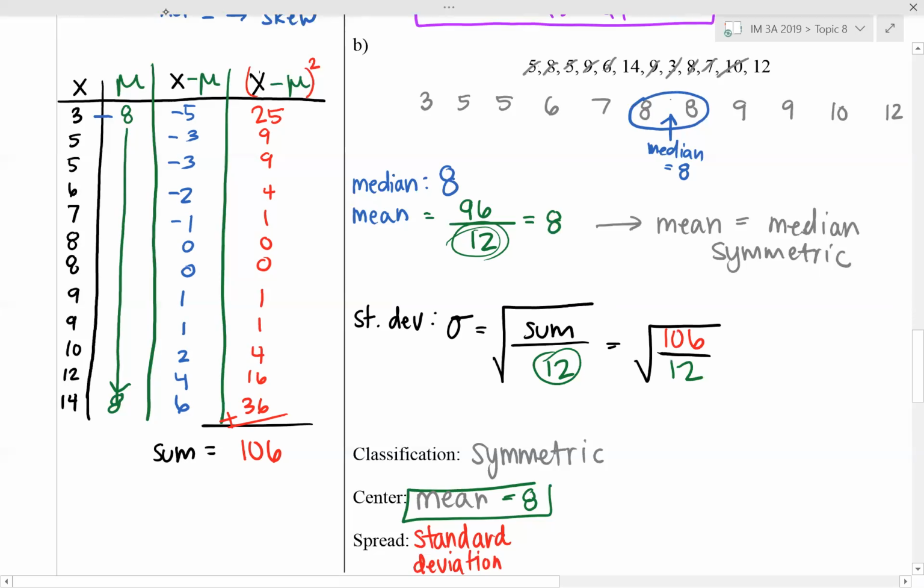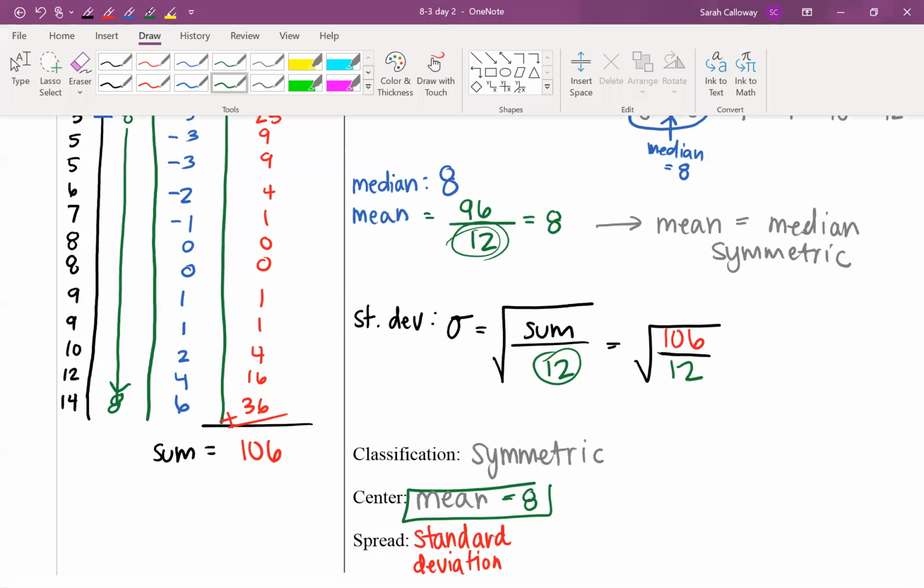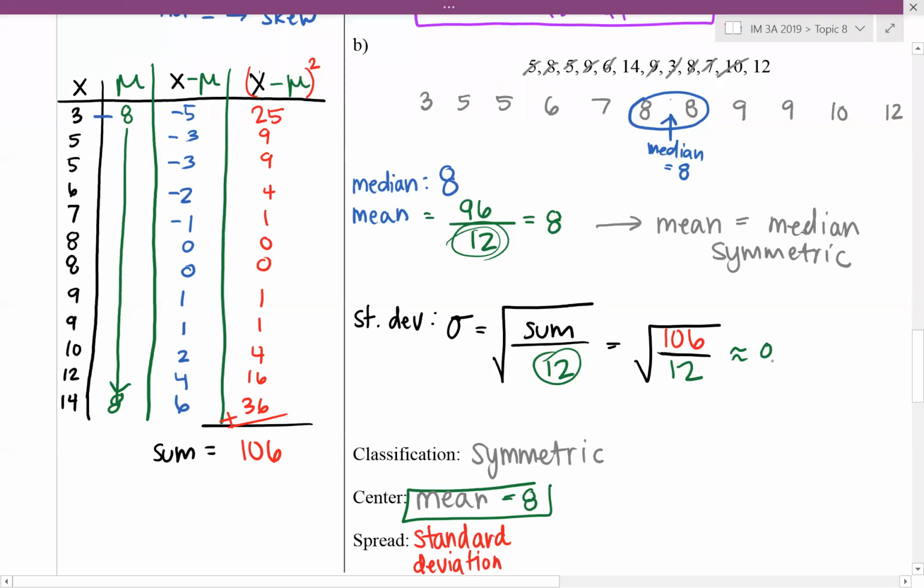Which is about, hold on, I don't have this number written down. 106 divided by 12 is 8.3 repeating.